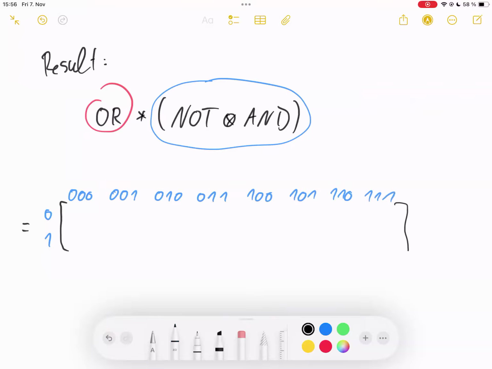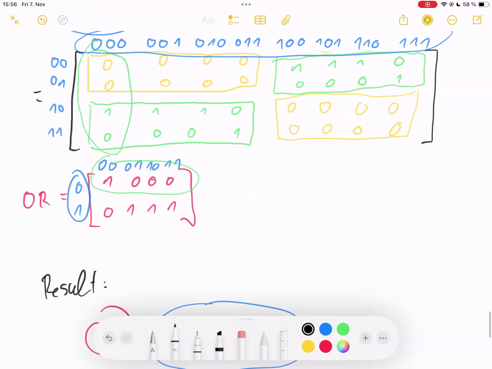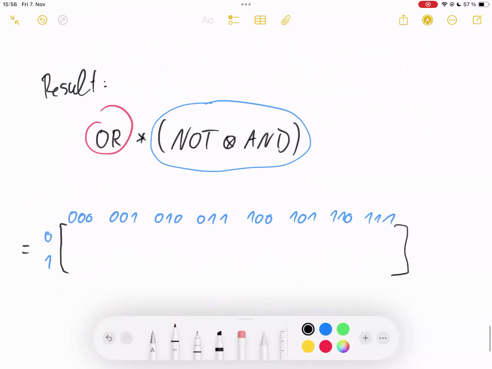So this will be the result matrix, and I get it just by multiplying. So I'm putting this here. So this column with this row would be the first result, so element-wise. But these ones don't match, so my output will be a 0.